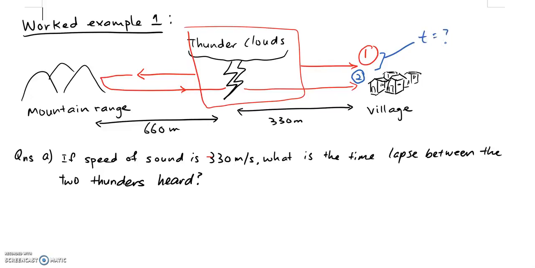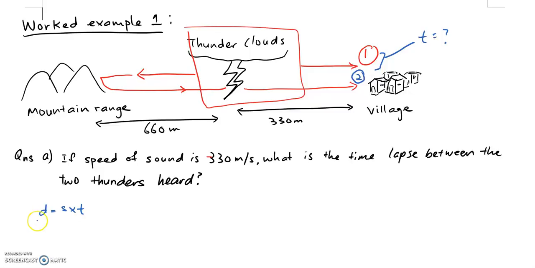the second sound? To solve this question, we first have to find out how long it takes for the first sound to reach the village. Distance equals speed times time.